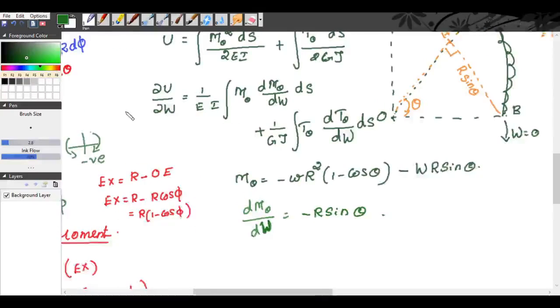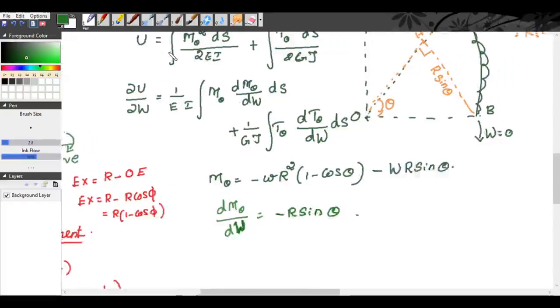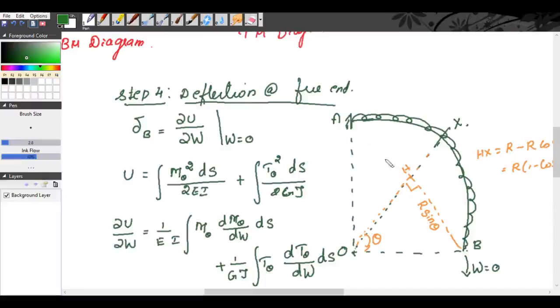Now ds, we know ds is equal to R d theta.